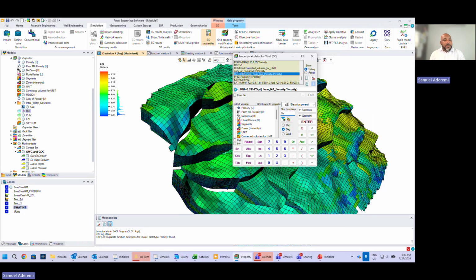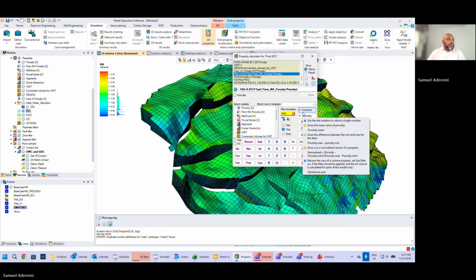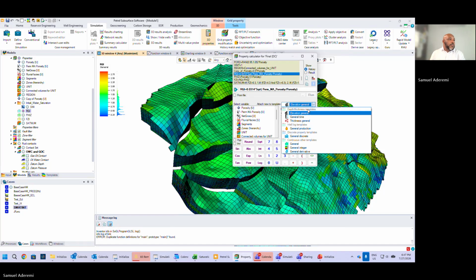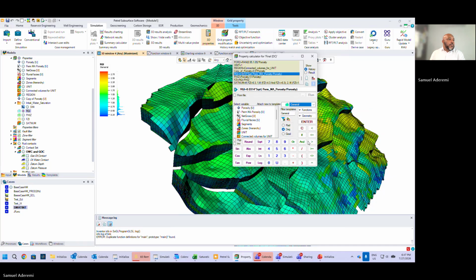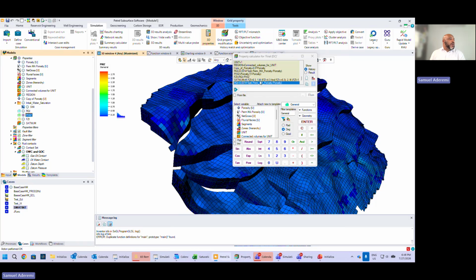So general. And you can just compute that. And that is what you have seen here. Then you can do for porosity as well, normalized porosity, which is this that you have done. And you can do the same thing for FZI.